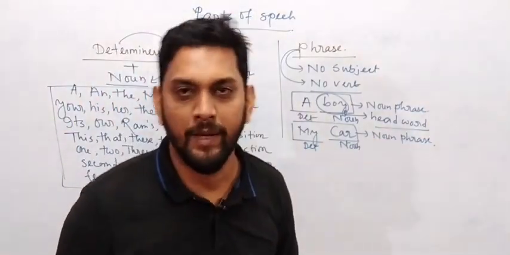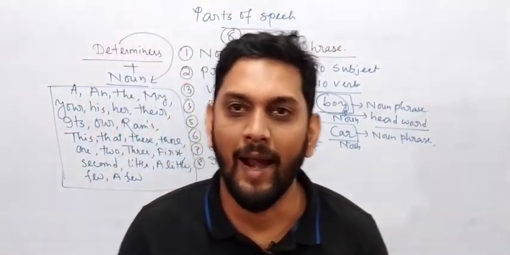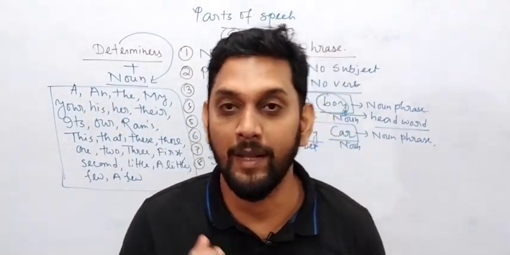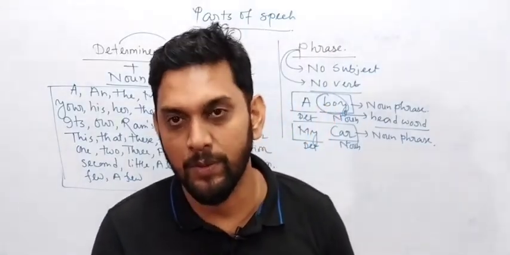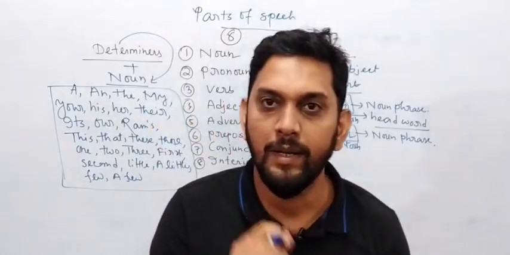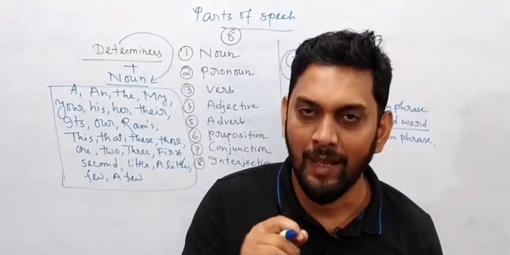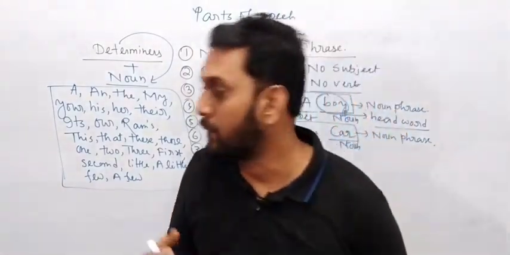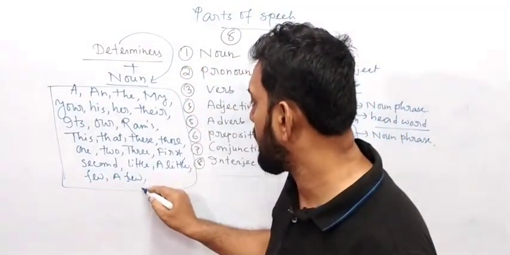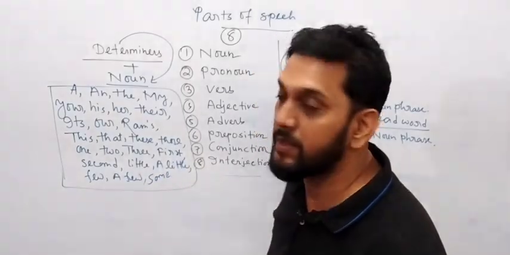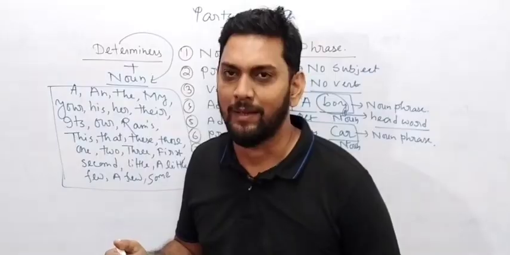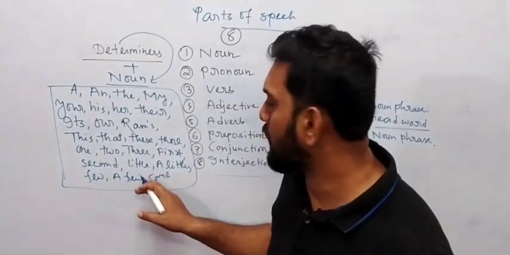Whenever I discuss identity based determiners, I will tell you how many identity determiners there are. Whenever I discuss quantity based determiners, I will tell you about some also. We can also write some, which will be a quantity based determiner. There are a lot, a number of, the number of.